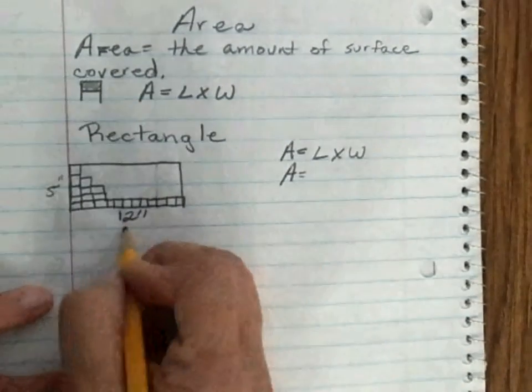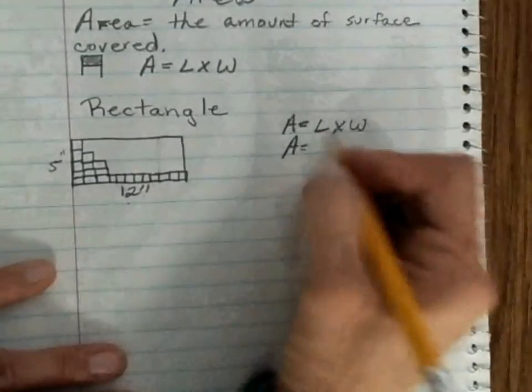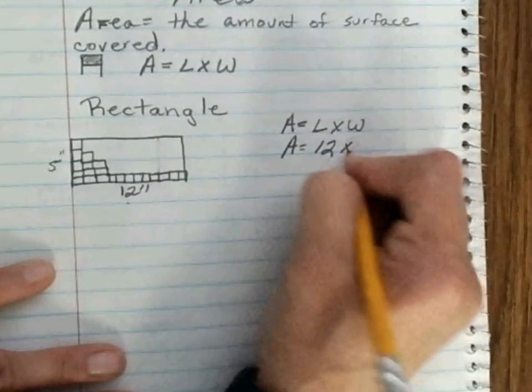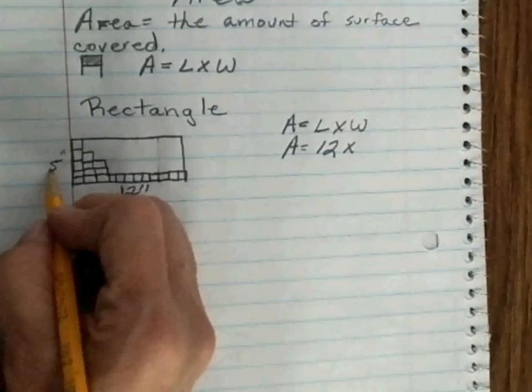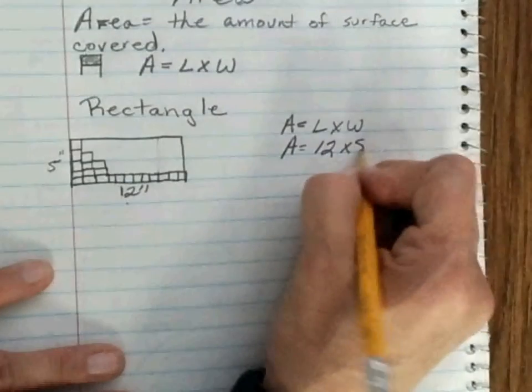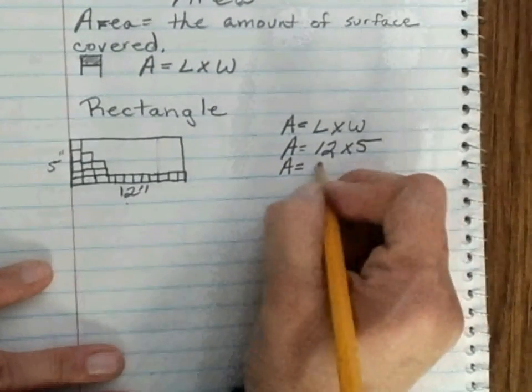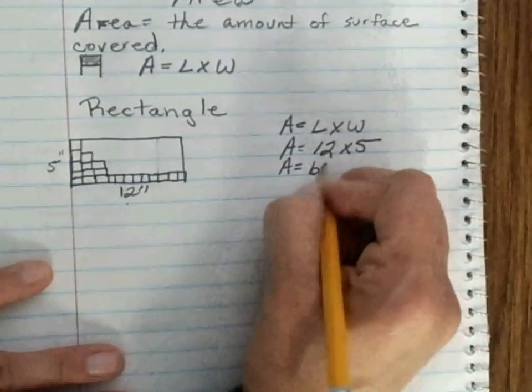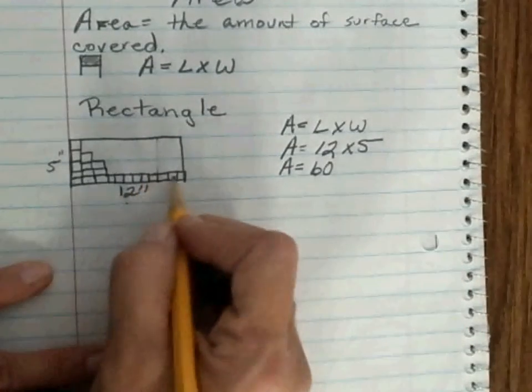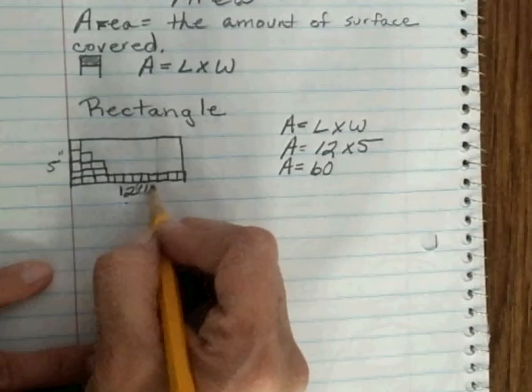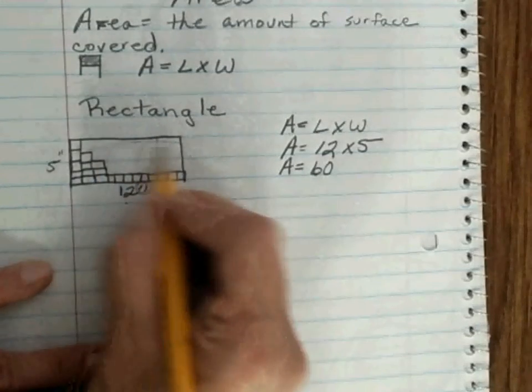Well, I'm going to come back over here and I'm going to look. Well, it's 12 inches. 12 times, and what's my width? I'm going to look back over here. It's 5. So then my area equals 12 times 5 is 60. I have 60 square units, or 60 square inches will fit inside of here.